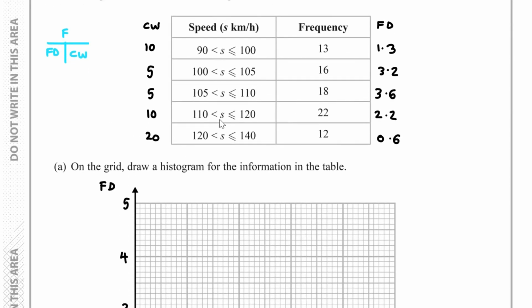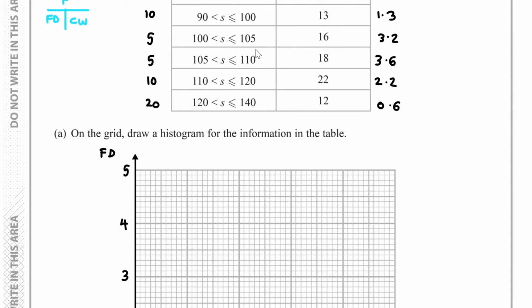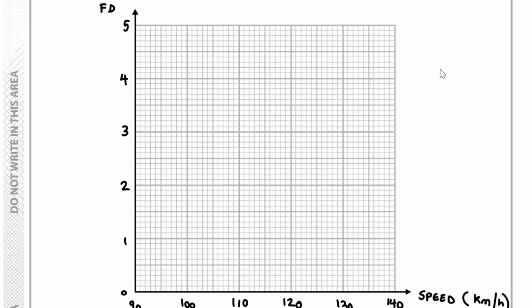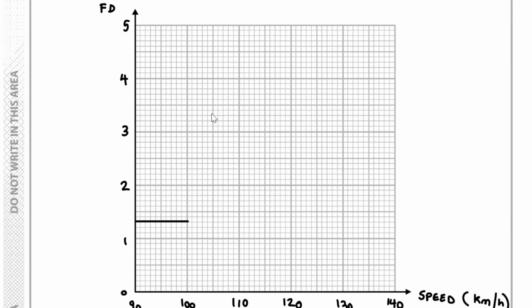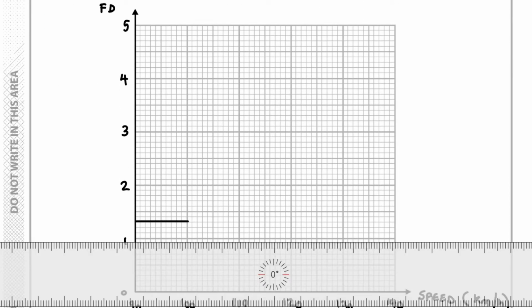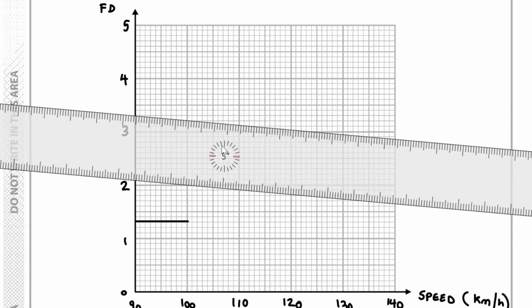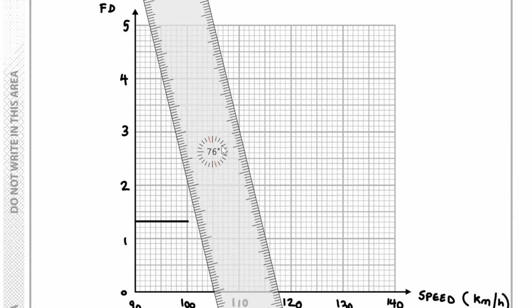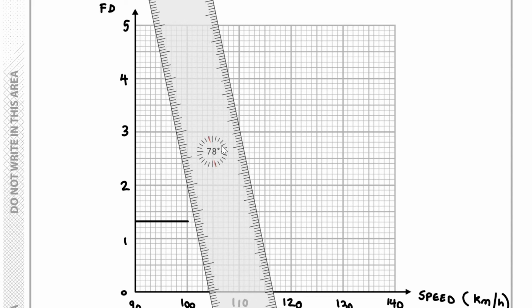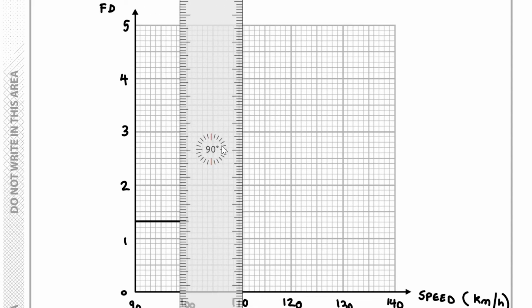So here we've got between 90 and 100, we've got a frequency density of 1.3. So 1.3, that goes here. And between, well, let's just grab a vertical ruler here. Let's just switch this over to a vertical ruler, as we see here.